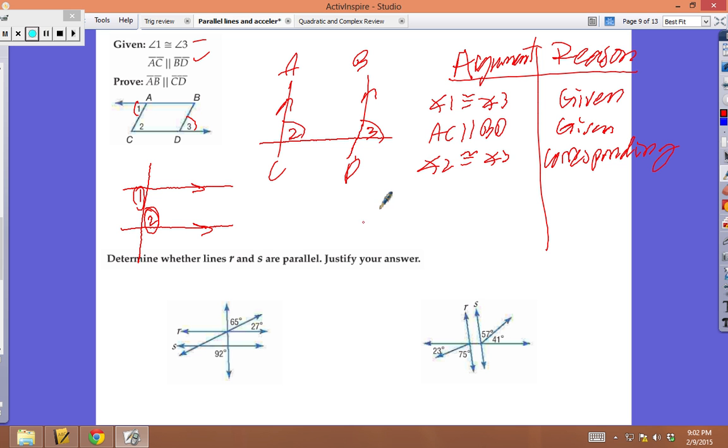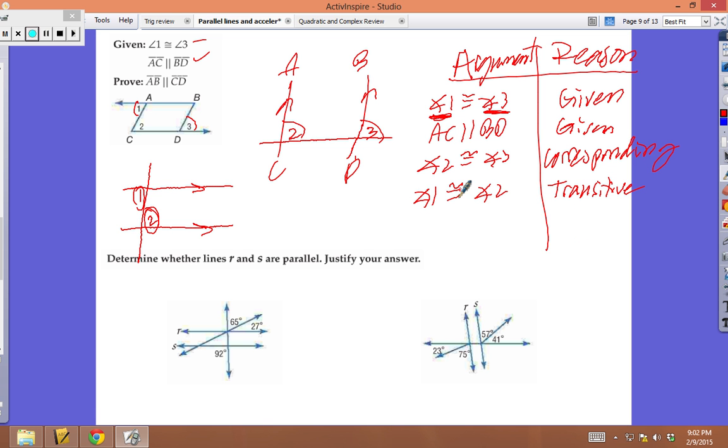And if 1 is the same as 3, and 3 is the same as 2, that must mean this. That must mean angle 1 is congruent to angle 2, because if 1 is equal to 3 and 3 is equal to 2, 1 must also be equal to 2, and that's because of the transitive property.